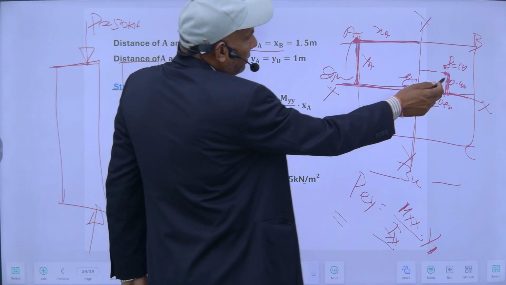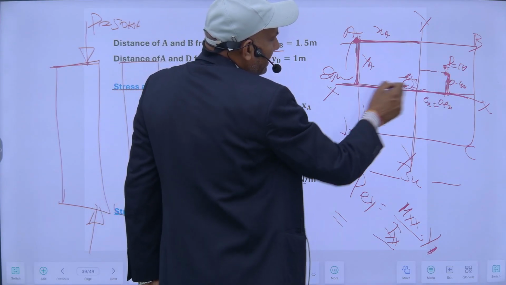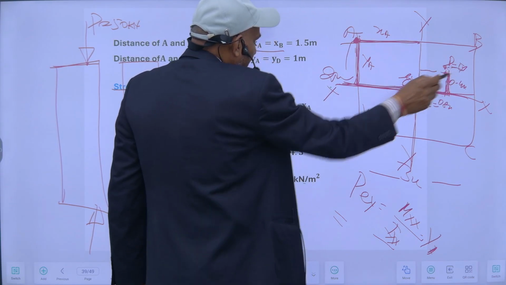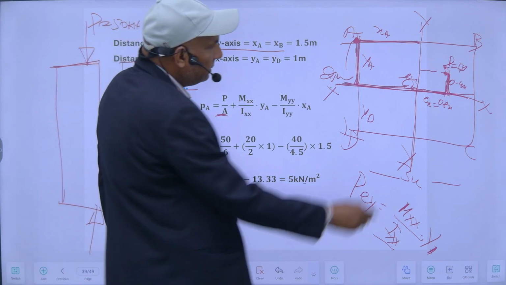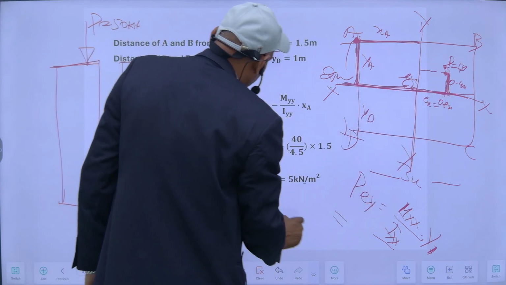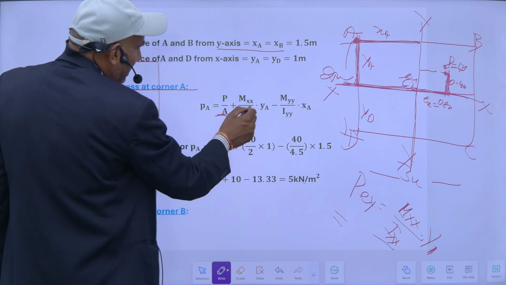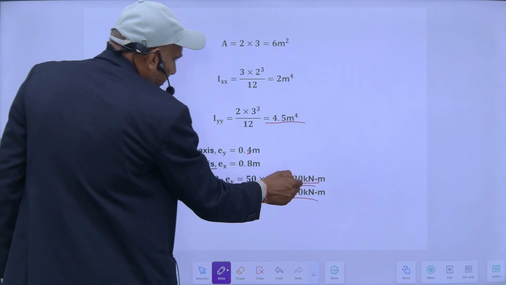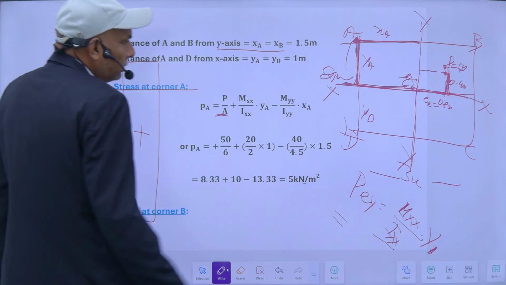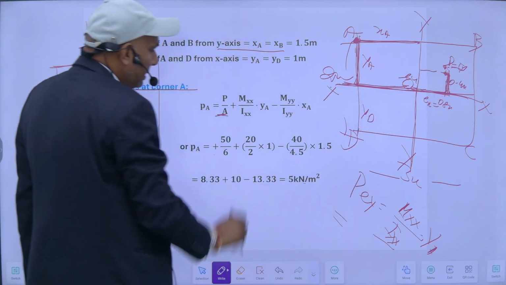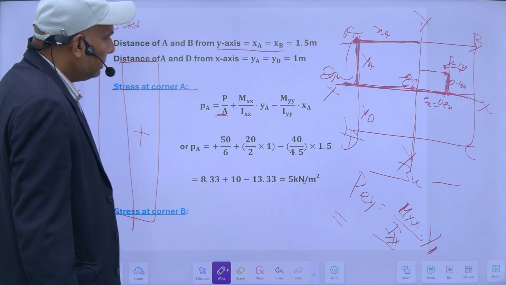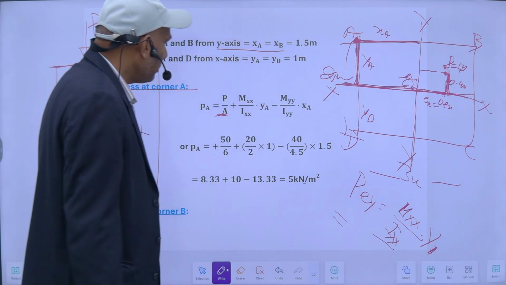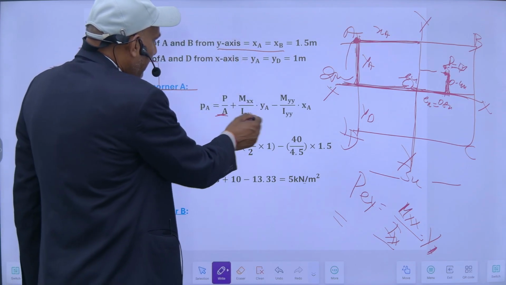So the moment of this load about this axis will be this load into this distance. This is 50 kilonewton into this one, it will be 20 kilonewton. So my Mx is equal to 20 kilonewton meter. This load into this distance is 20 kilonewton meter divided by Ix.